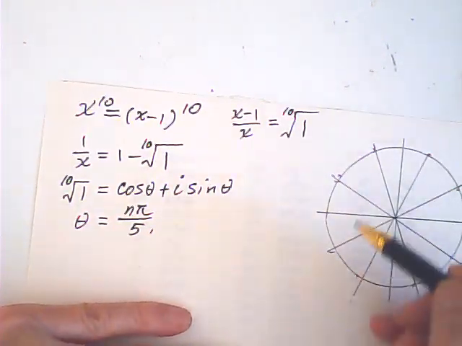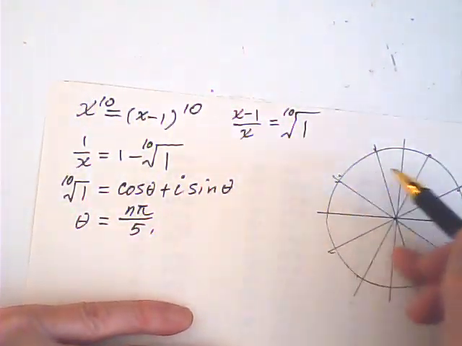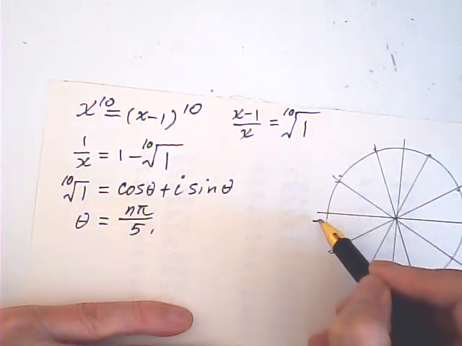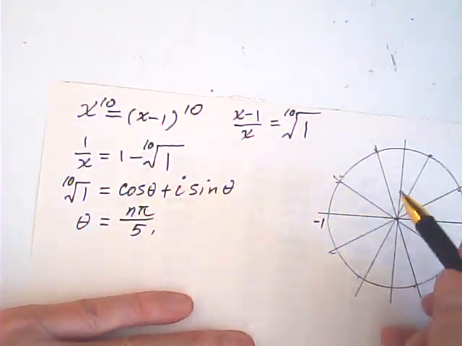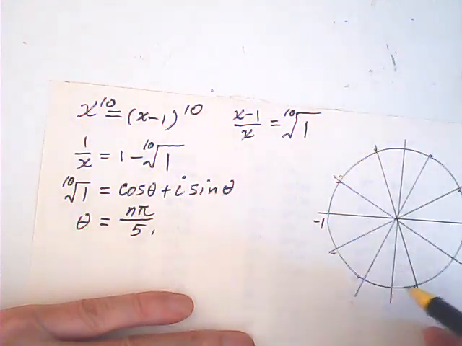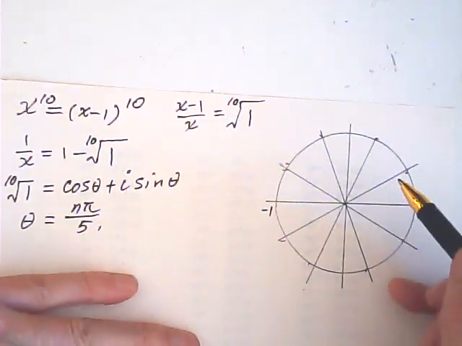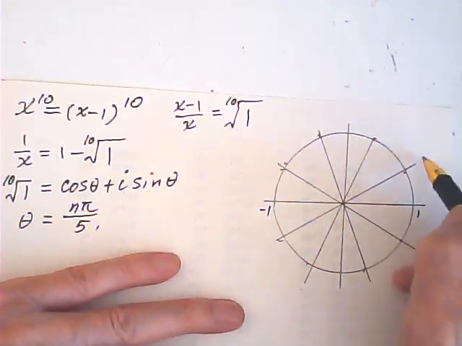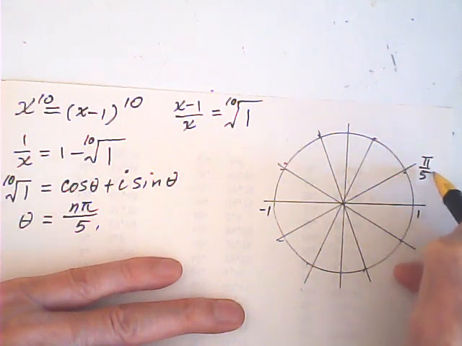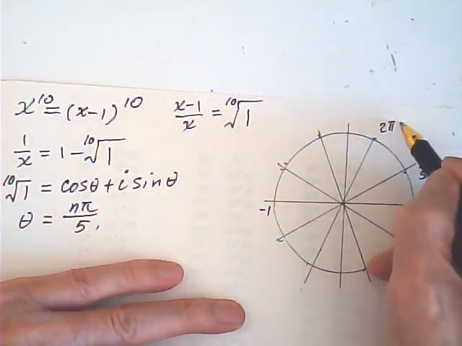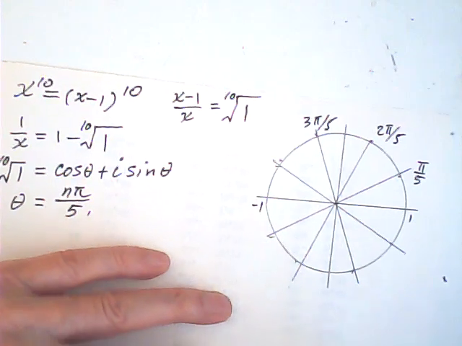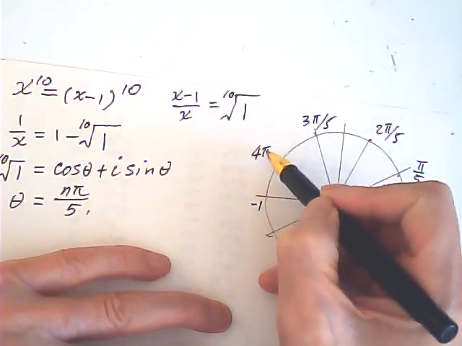What that means is it's a complex number, one of 10 points on the unit circle. This is a unit circle, radius is equal to 1. The 10th roots of 1 are 10 points on this circle, equally apart, so every angle is 2 pi over 5. So this is pi over 5, this is 2 pi over 5, and 3 pi over 5, 4 pi over 5.